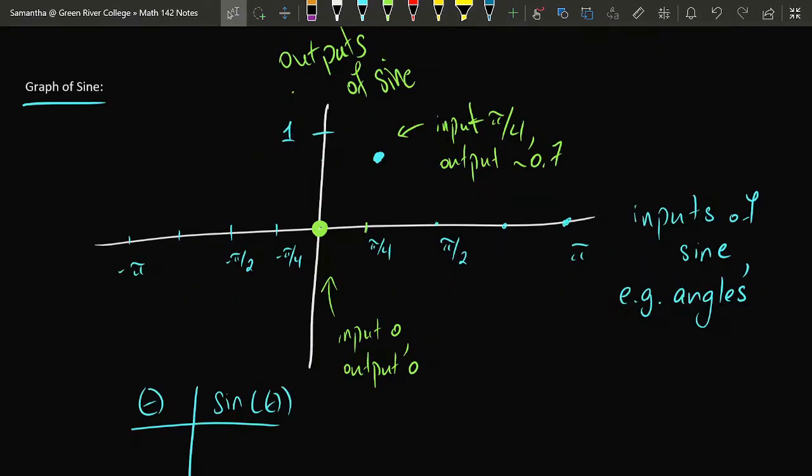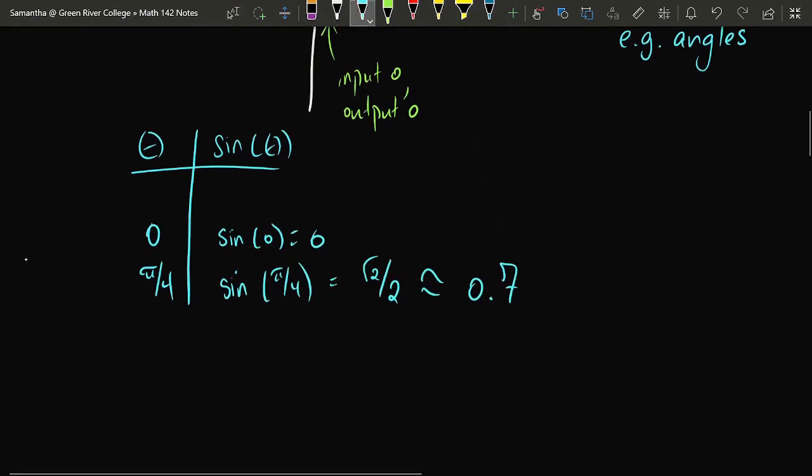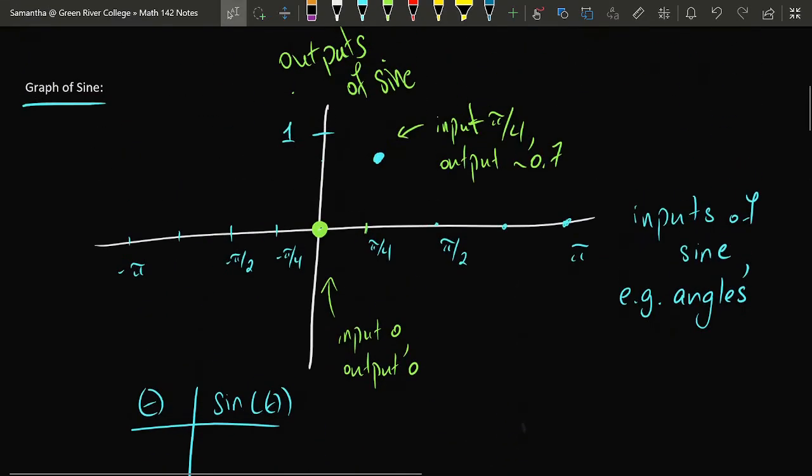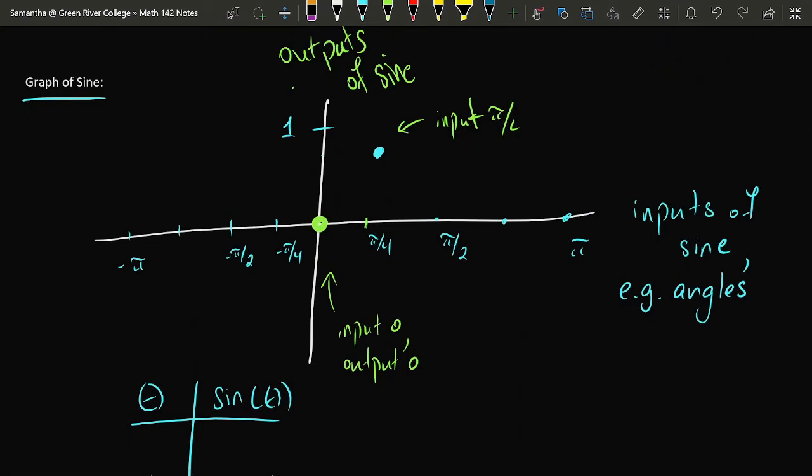What if we went to, for example, pi over 2? If I plug in the angle pi over 2 to sine, pi half points straight up, so sine is positive 1. And so I would plot the point where the input pi over 2 was the horizontal component, and the output of 1 was the vertical component.